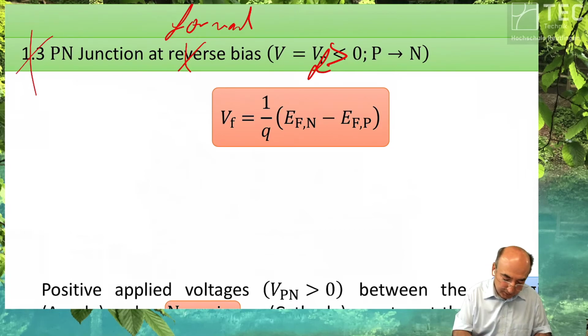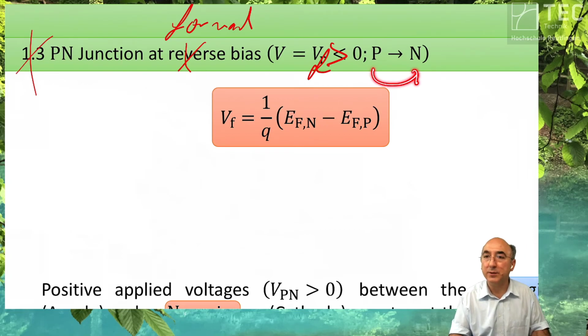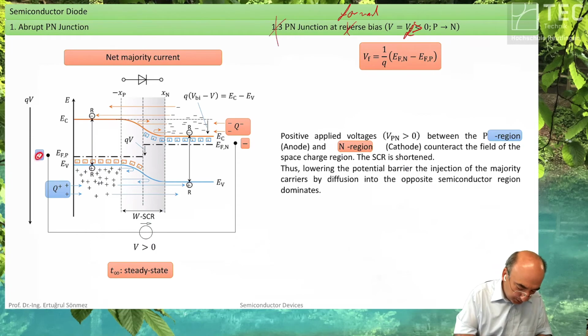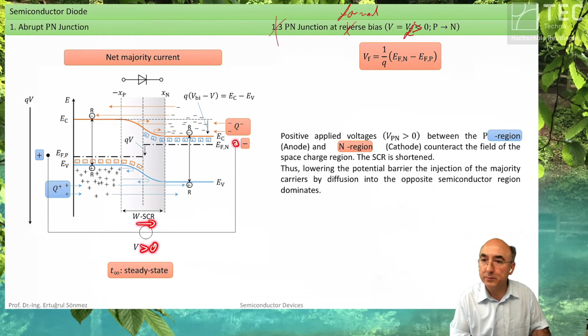The forward bias is the positive bias voltage, and the definition of the positive voltage is from the P region to the N region. So from the P region to the N region, we have a positive voltage.